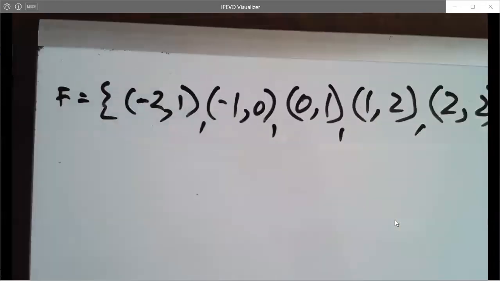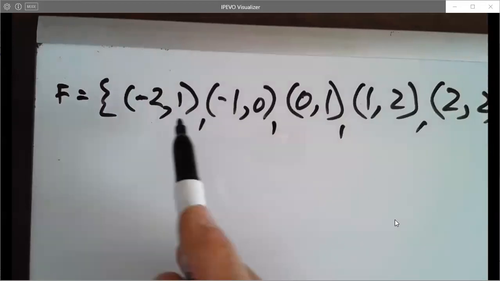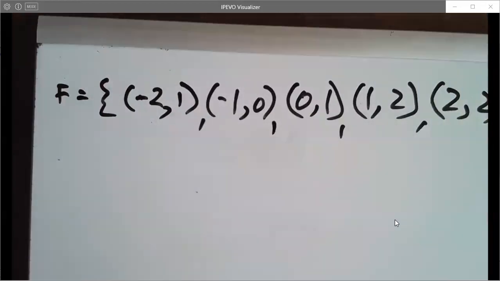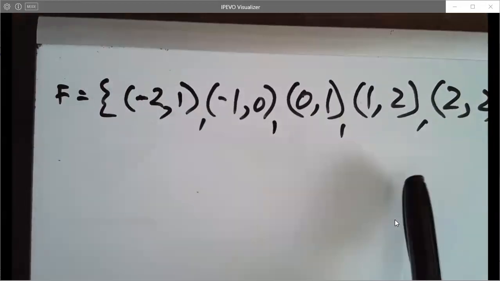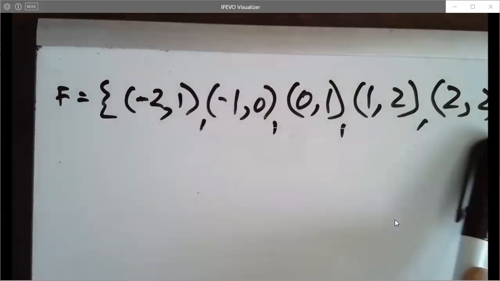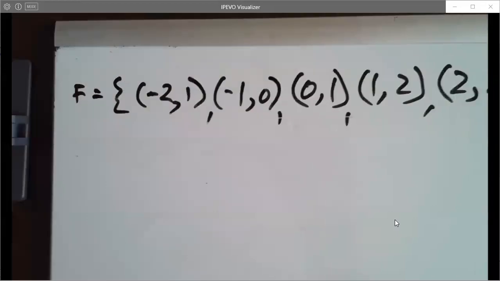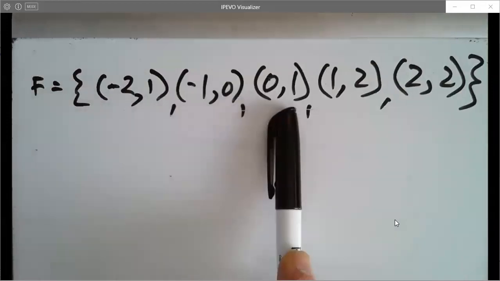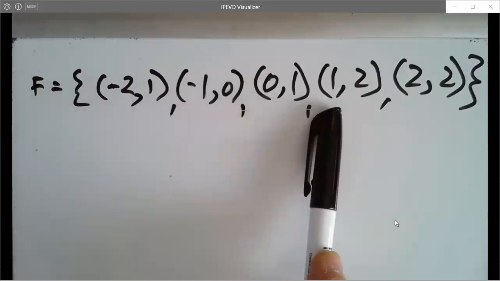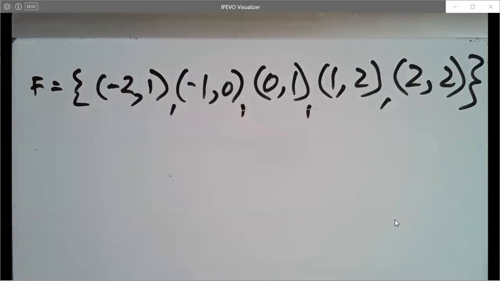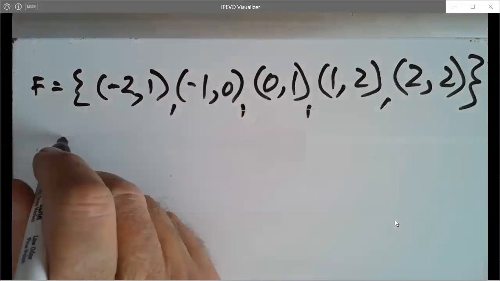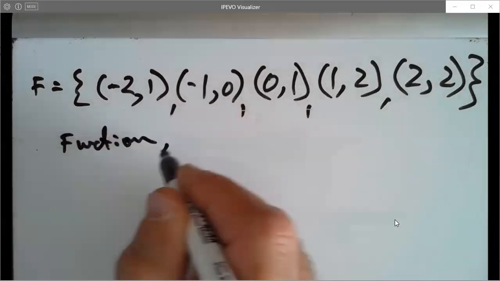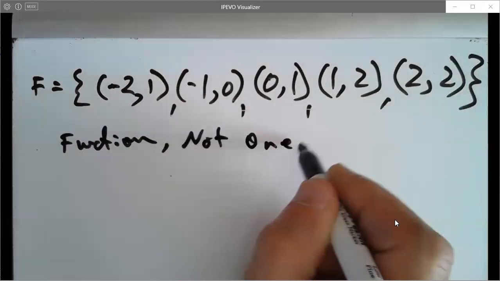First of all, is this a function? There's only one -2, only one -1, only one 0, 1, 2. So it's a function. Let's see if it's 1 to 1. The x's do not repeat. Let's see if the y values do not repeat either. Well, there's 1, 0, 1. Okay, so the y's do repeat, but the x values do not. So it's a function, but it is not 1 to 1.